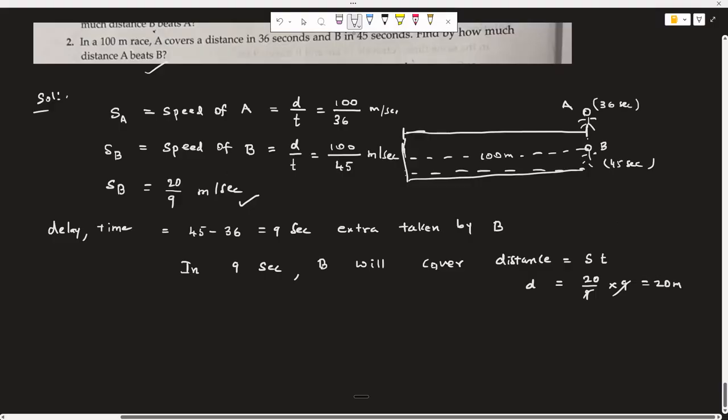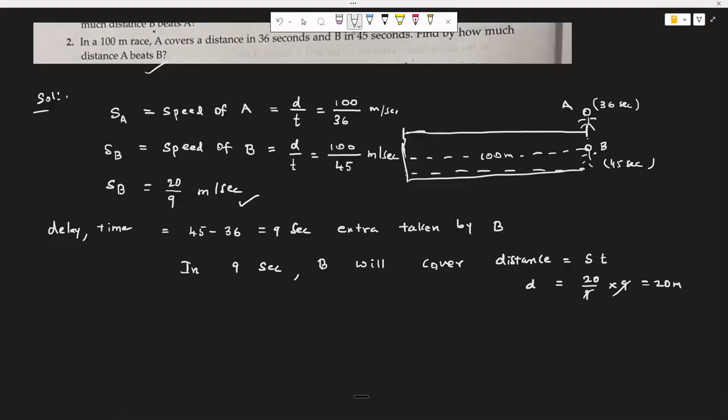So now you can guess at what position he was. To finish the course, he has to run; for the delay time, he has to cover 20 meters. Now B is at 80 meters at time 36 seconds.